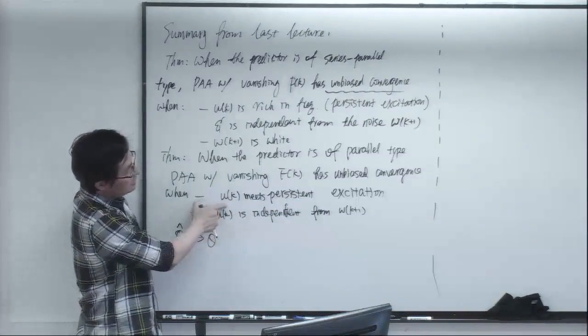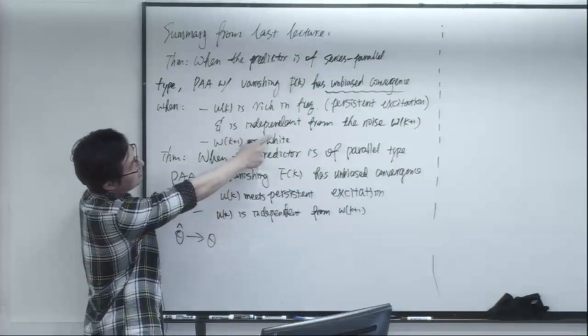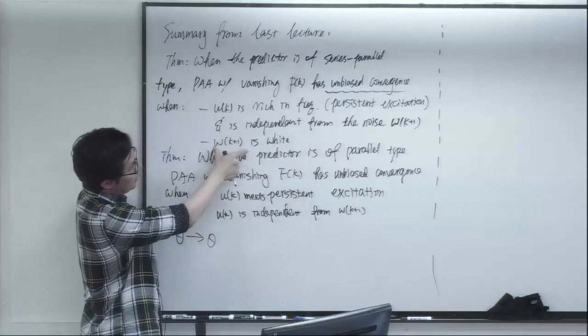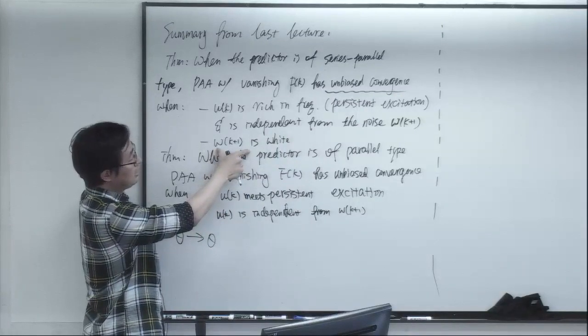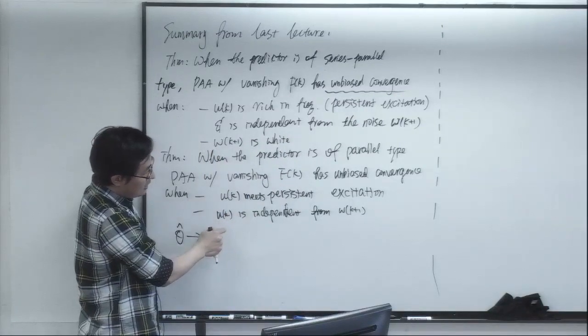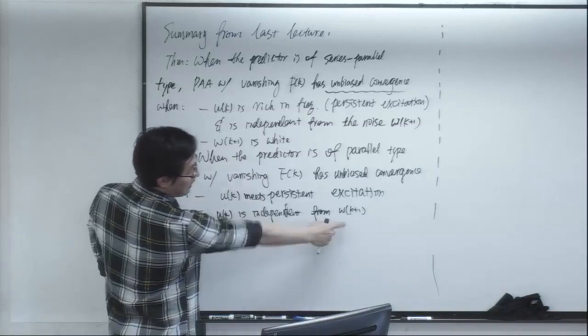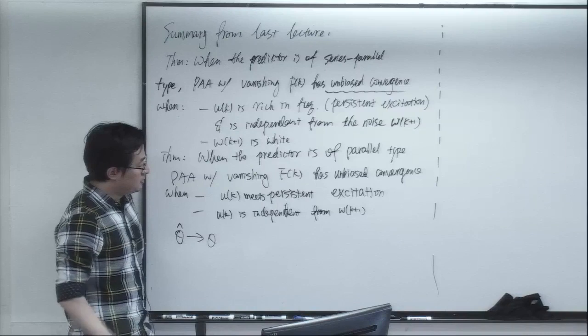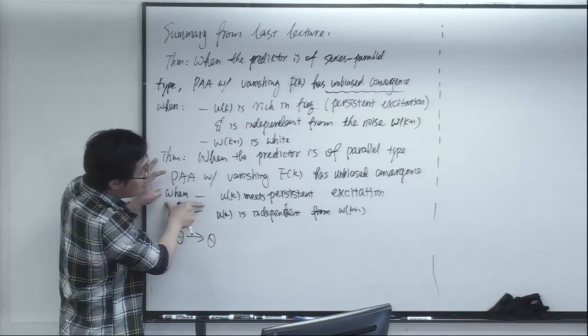UK needs to be persistently exciting, and it doesn't have to be independent from this; that condition is removed, and the whiteness condition is also removed. The only thing needed is UK to be independent from WK plus 1 statistically. So this is better convergence.